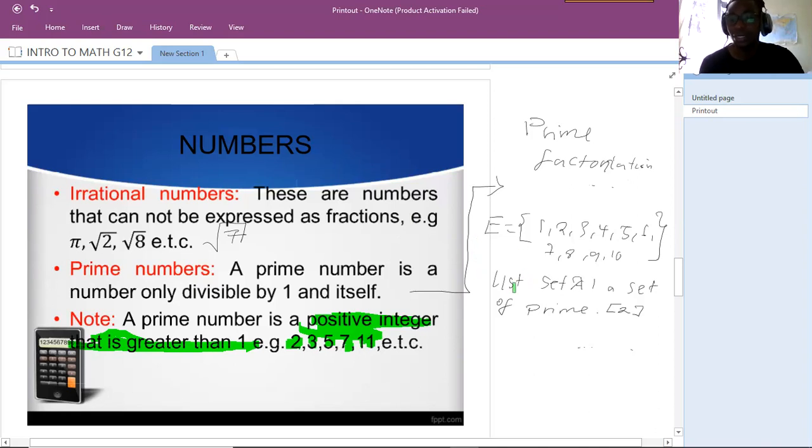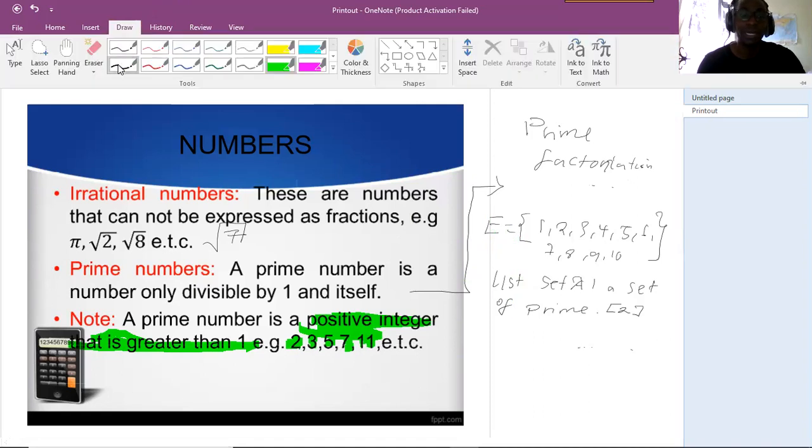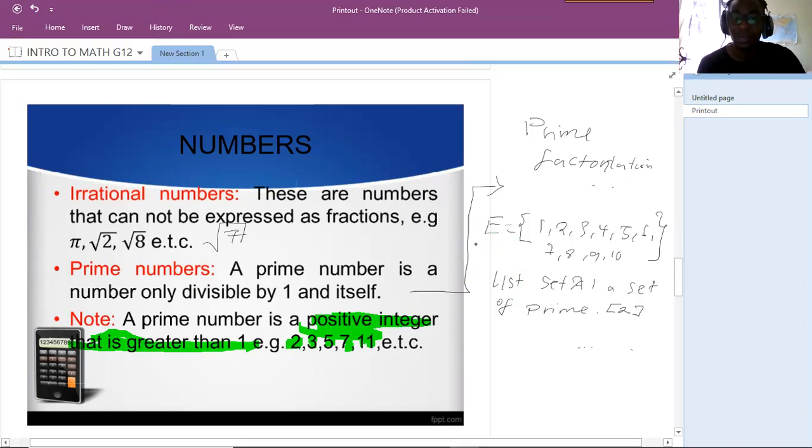So let's try and answer this question that I created here. We have got set E, the universal set. By the way, a universal set is represented by a capital letter E, or sometimes they're going to use this fancy italicized E. It's a weird form of E. It looks something like this.